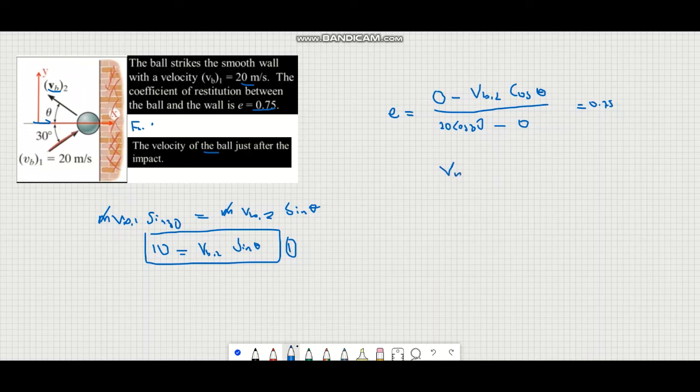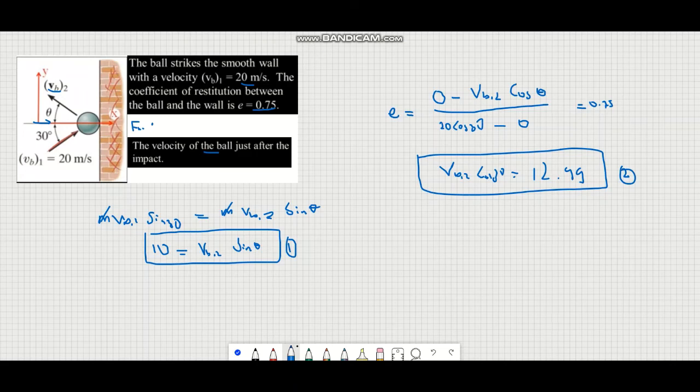VB2 cosine theta, if we take these guys to the right side and then multiply, we are gonna have 12.99 meters per second. So we have here our second equation.